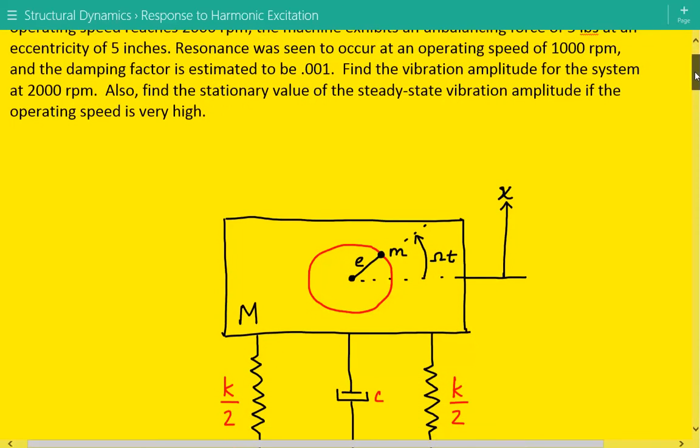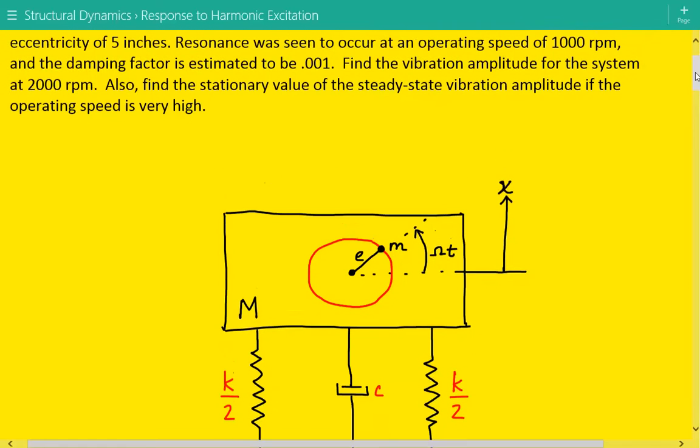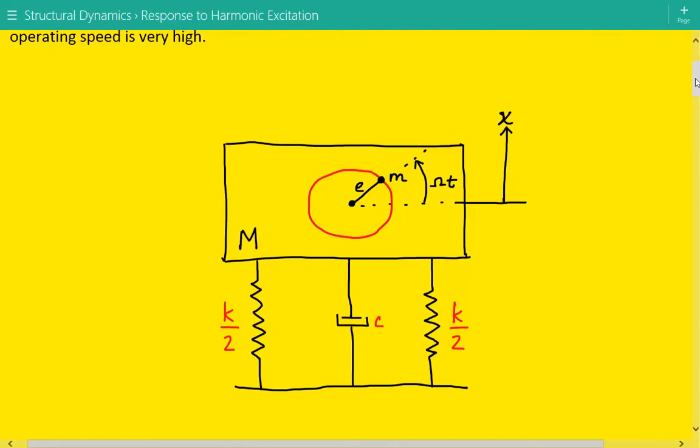So here's our figure of our representative model of our rotating machine, and it's mounted to some foundation maybe which has some stiffness, K/2, and it has some damping effects.